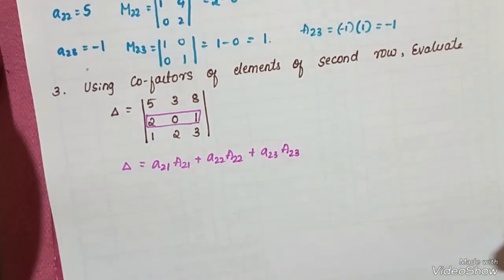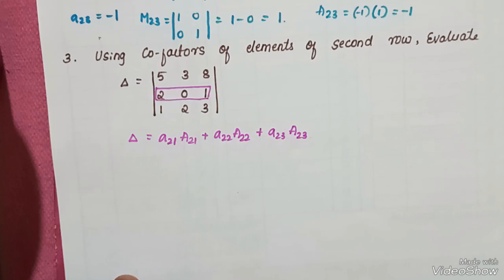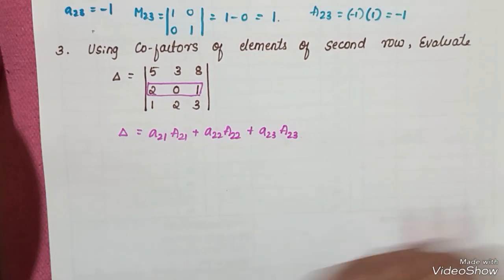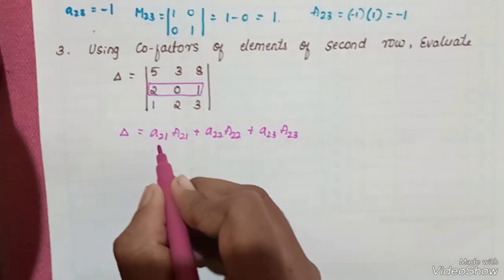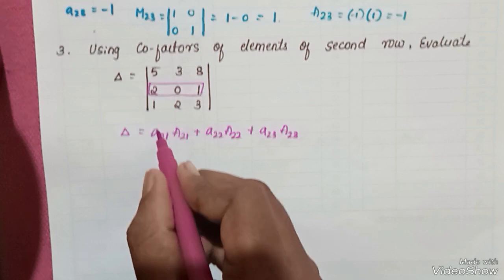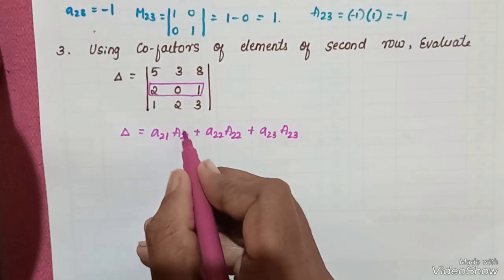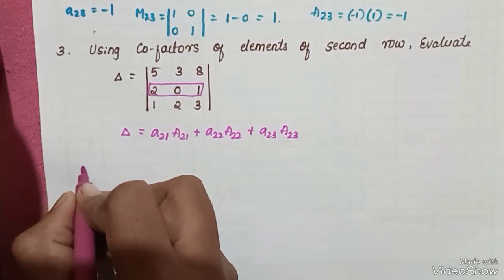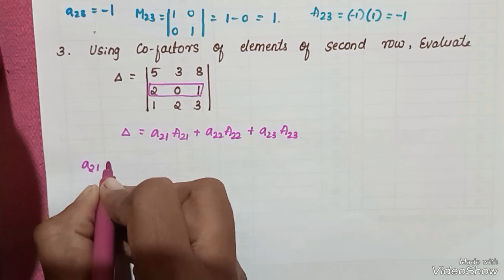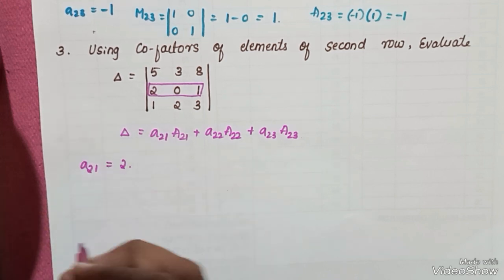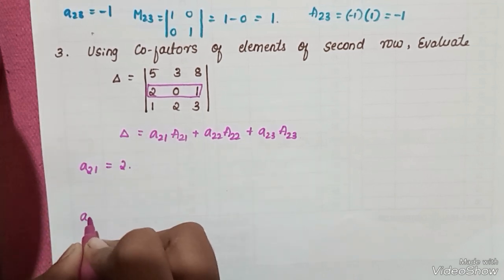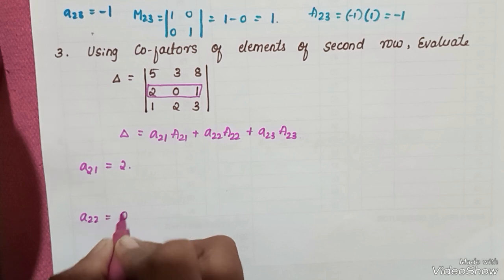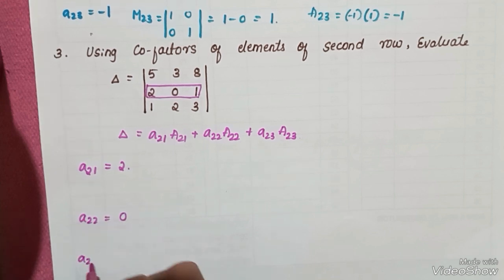This is the general formula for a row. For the second row, here we have to find the elements a21, a22, a23 and their cofactors. Here the element a21 is 2, a22 is 0 and a23 is 1.